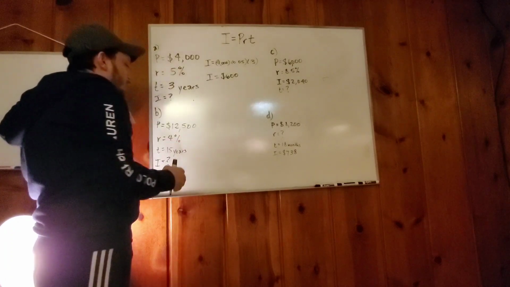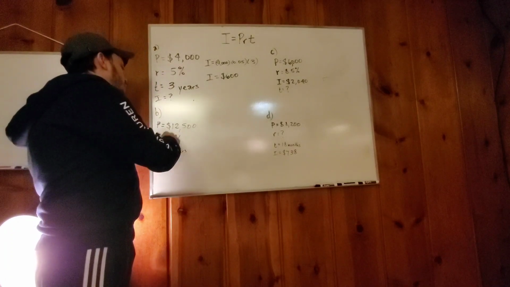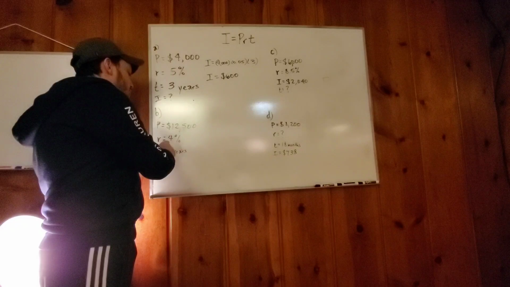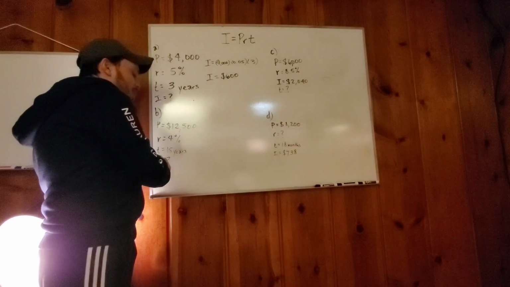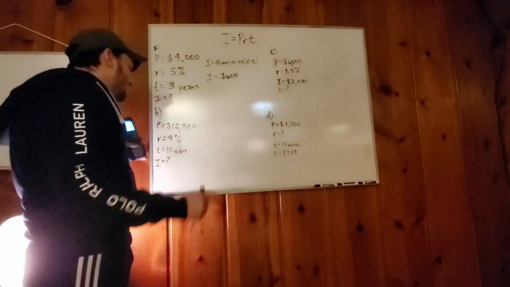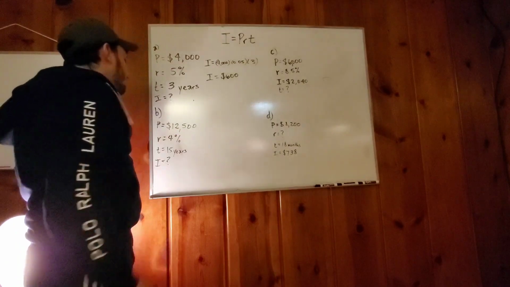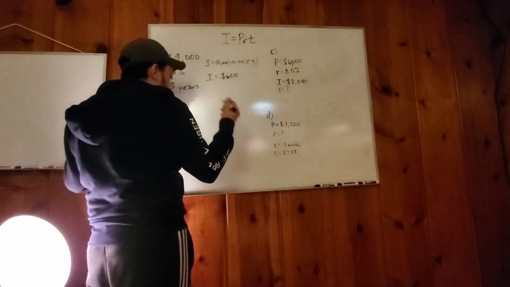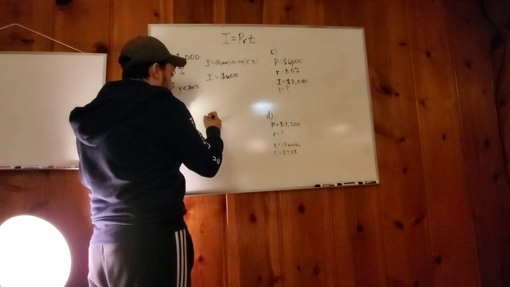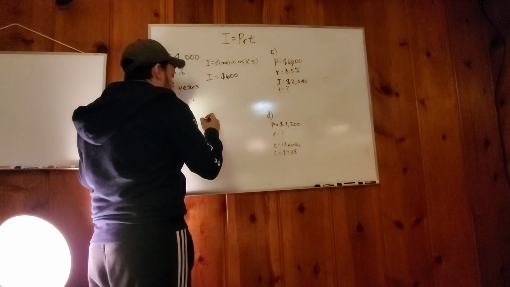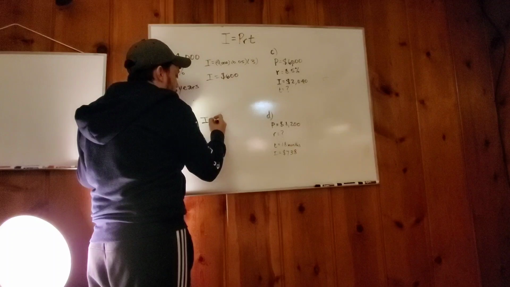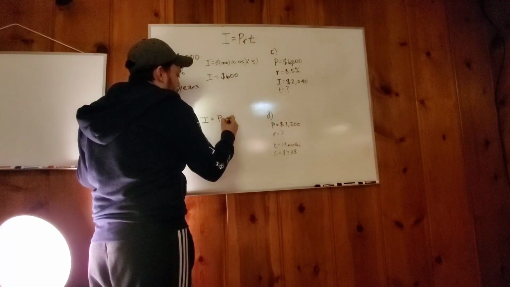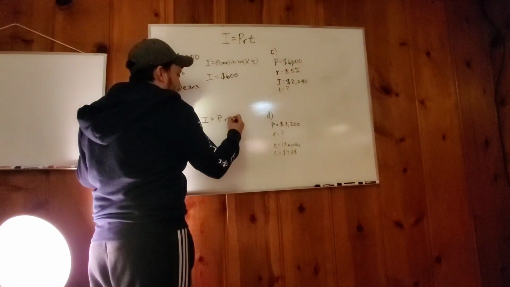Here, you open an investment account now with $12,500. It gives you 4%, and it would be for 15 years. Let's see how much $12,500 would give you at 4% for 15 years. 4% interest annually, or per year, is what that means. Interest equals principal times rate times time.